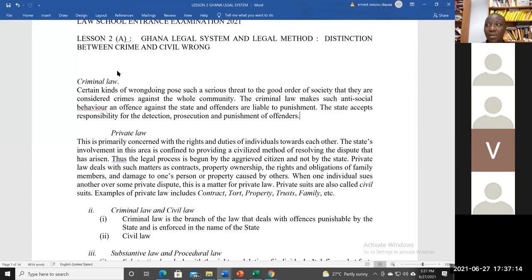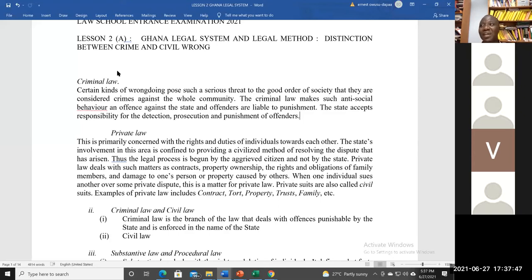And of course, apart from the court structure, we also need to revise the basic principles of statutory interpretation. And of course, an overview of criminal procedure, summary trial and indictment, and the arrest and so on. And then we should also know an overview of civil procedure and ADR.